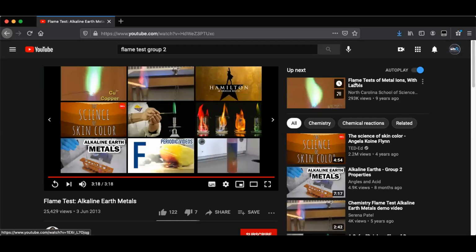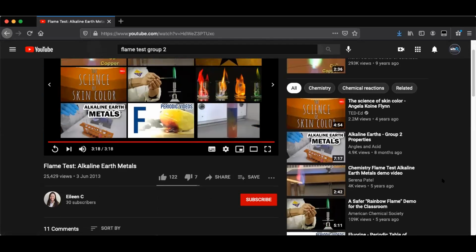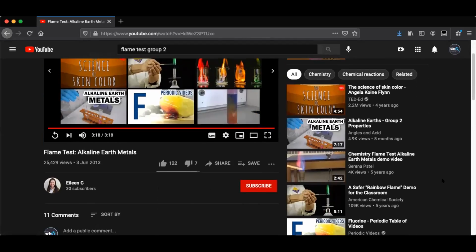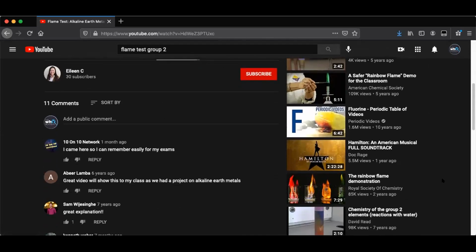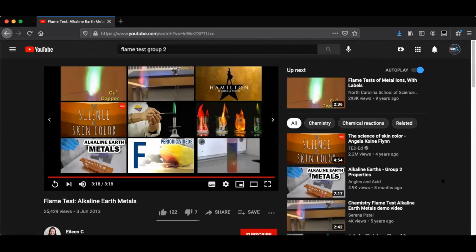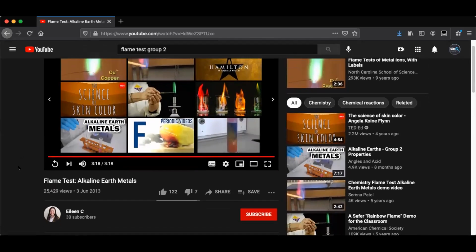So yeah, lots of flame tests. Like in this other video, they were doing copper. If you're curious about it, you can explore more. Copper is also blue, right? Copper again, it depends on Cu+, Cu2+. Also, the flame test will not reflect the color of the salts.